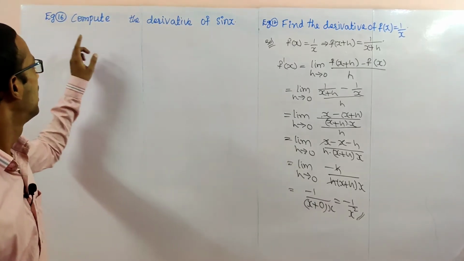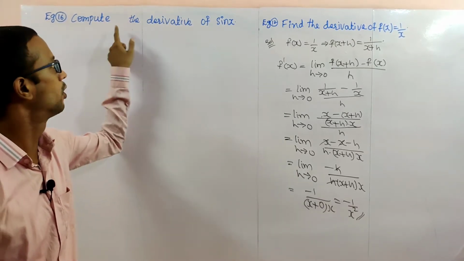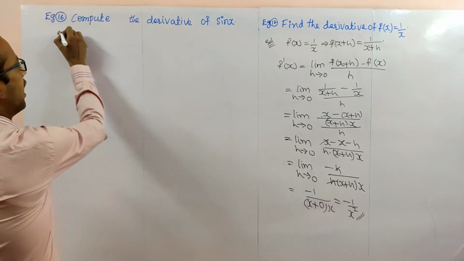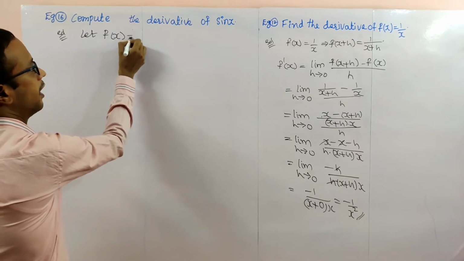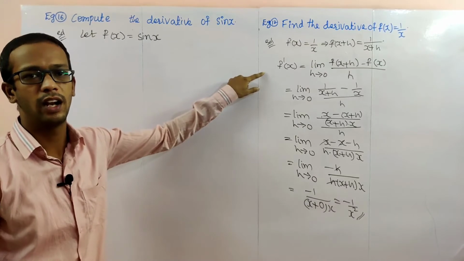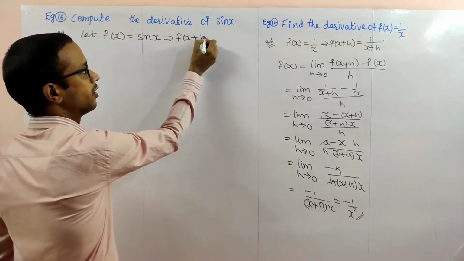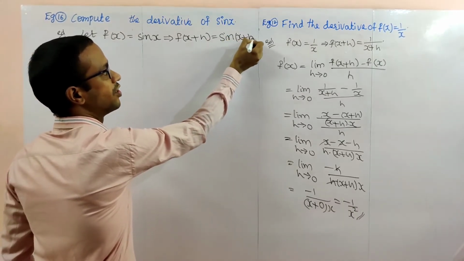Next, in a similar way, example 16: compute the derivative of sin x. Let me take this as f of x. f of x is equal to sin x. Same formula here also. So f of x plus h is equal to sin of x plus h.